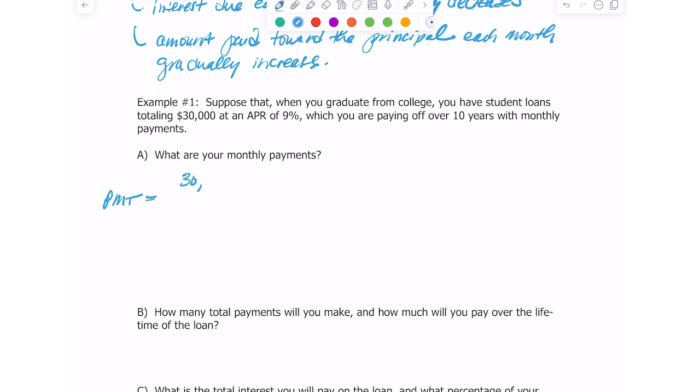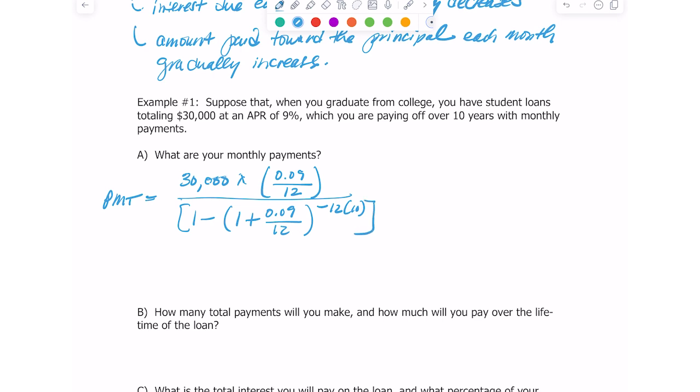I've got my principal, which is 30,000, times my APR, which is 9%, so that's 0.09, over N, and here N is 12 because it's monthly, all over 1 minus (1 plus 0.09 over 12) to the negative N times Y, where N is 12 and Y is 10, 10 years.